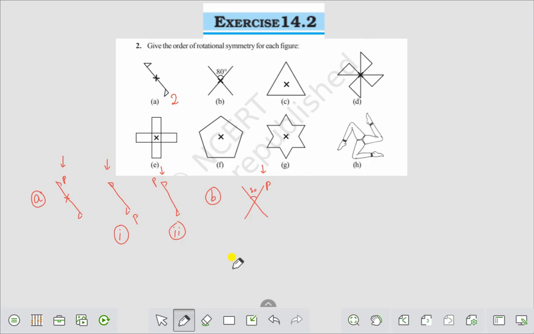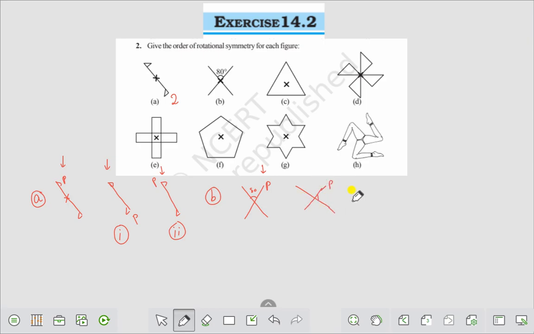Now, if we move this point P, it will look like this, and P will come here. This is 80 degree.